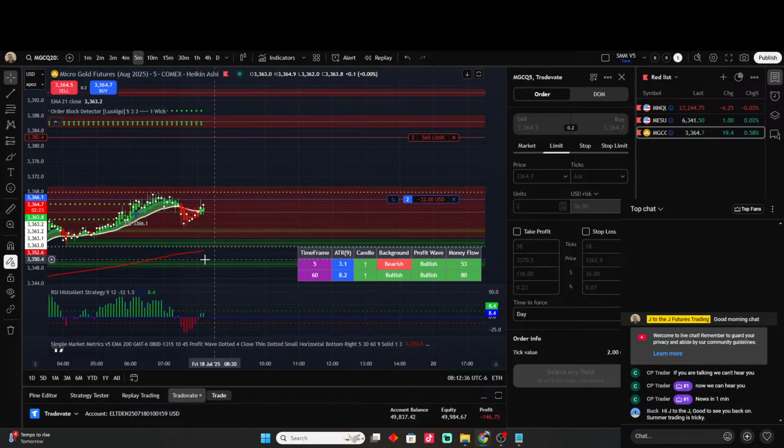So my levels: the red EMA is 200, and the white EMA is 21. I've used this setup, and I added Simple Market Metrics. I've used these EMAs for a long time, and I've used the RSI history strategy for a long time. But the SMM is my candle colors, and I don't mind it for that.